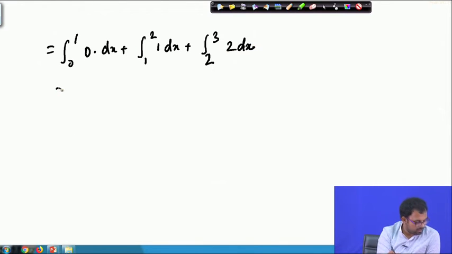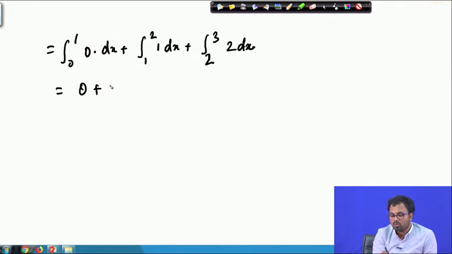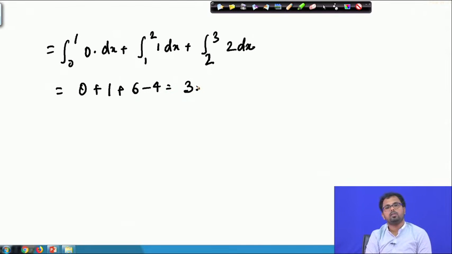So if we calculate, this will be 0 plus 1 plus 2, so ultimately 3. So that is the value of the integral. So it is Riemann integrable and the value is 3.